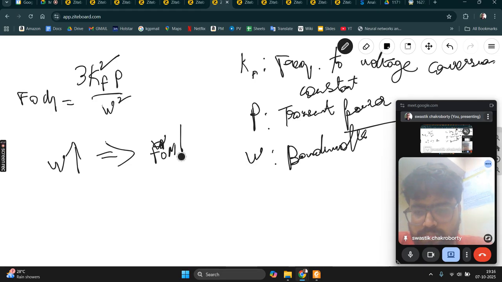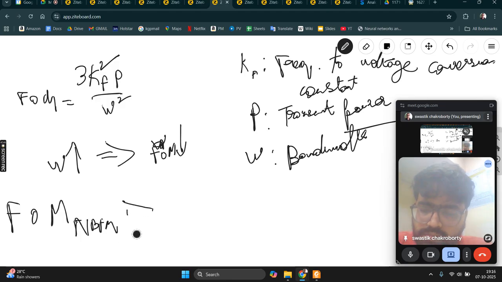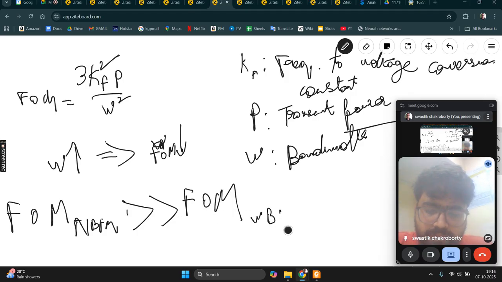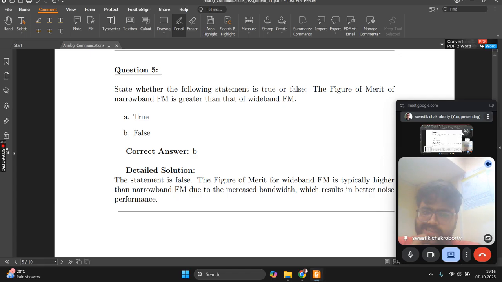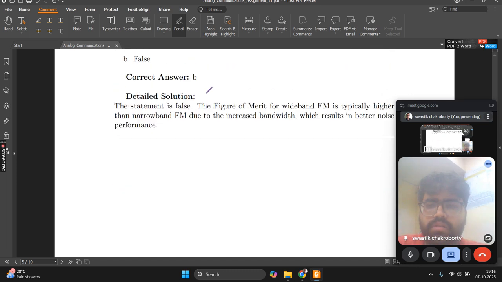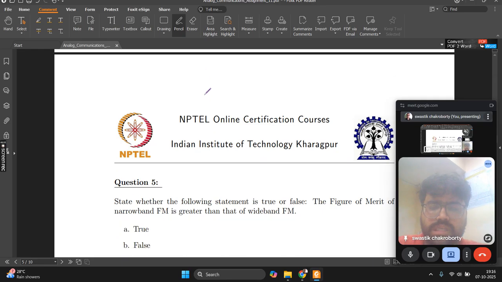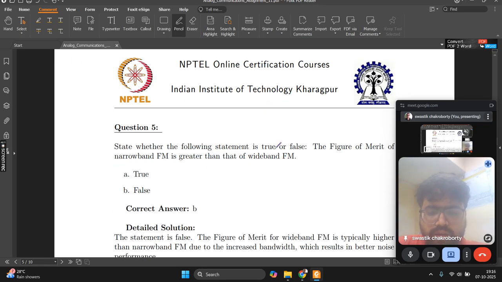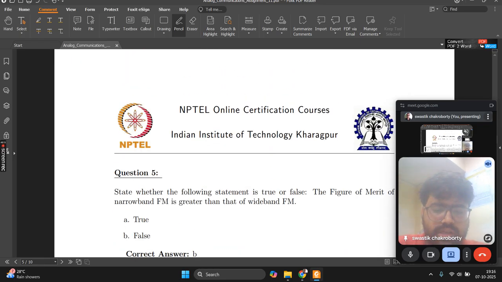So FOM of narrowband FM will be greater than FOM of wideband. So the statement about the figure of merit of the narrowband FM is given in words, but actually here it is given that increasing bandwidth will result in better noise performance.